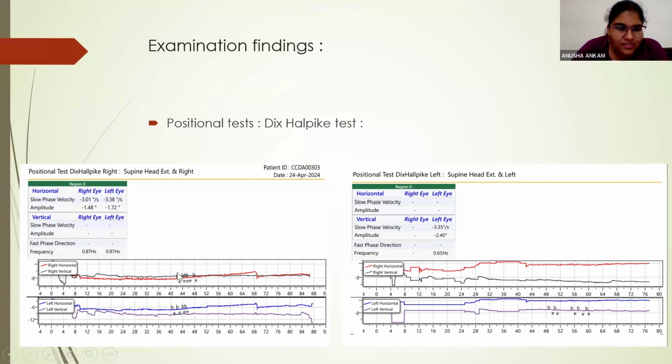On the right side there are very few horizontal beats, and on the left side a few upbeats. But symptomatically she is feeling very much giddiness, she is even not allowing us to do Dix-Hallpike as well. But the finding is that there is not much in the positioning test.